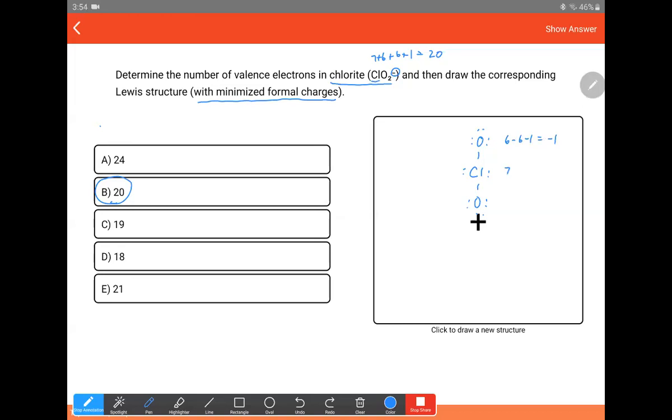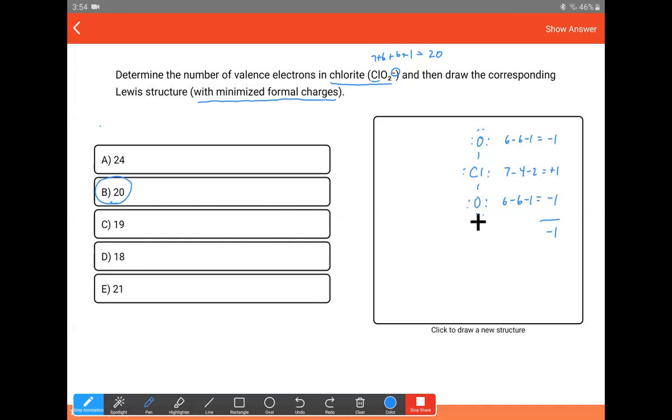Here we have 7 minus 4 minus 2. So that's +1. And we should, again, sum up to the charge, which should total -1 because it's a -1 total. So 6 minus 6 minus 1 equals -1. So we have -1 plus 1, -1. So that's not bad, right?